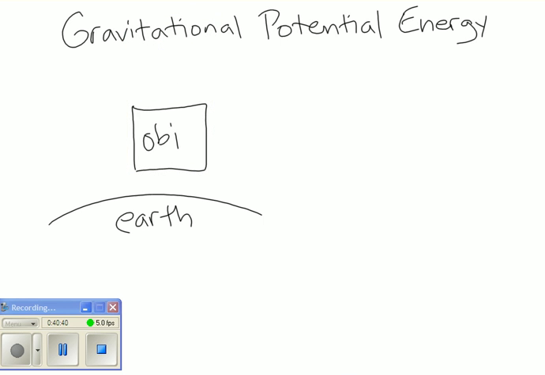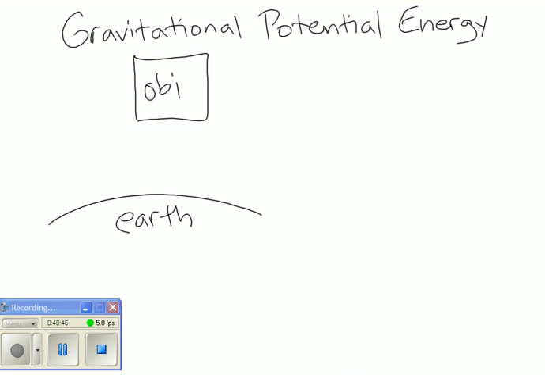What's trick number 1? Does this box by itself have the ability to do anything? Box alone has no, and let's roll out the symbol. U for potential, G for gravitational.